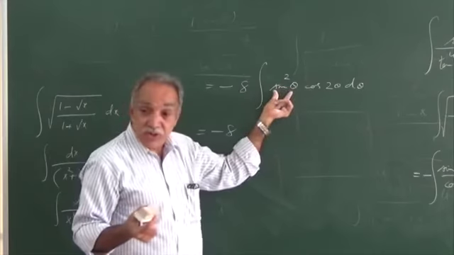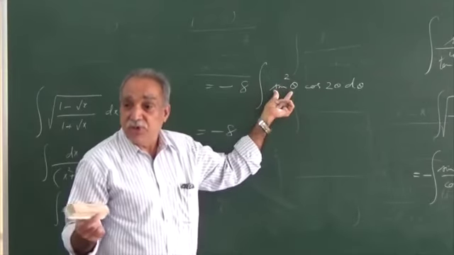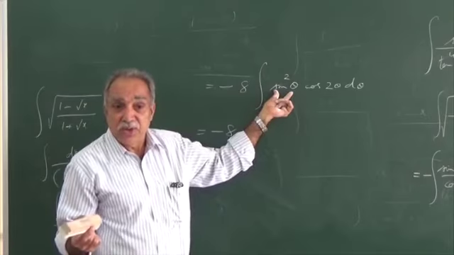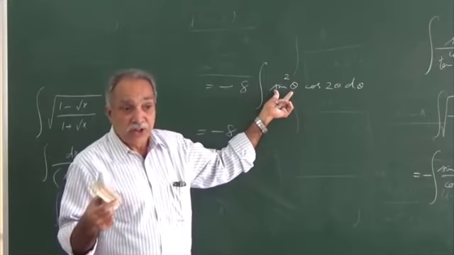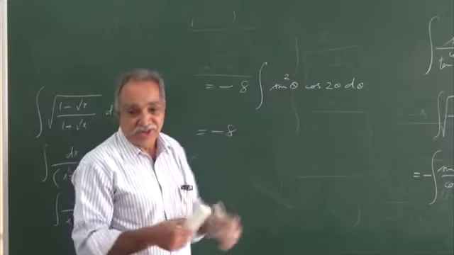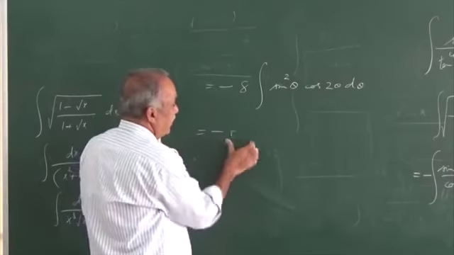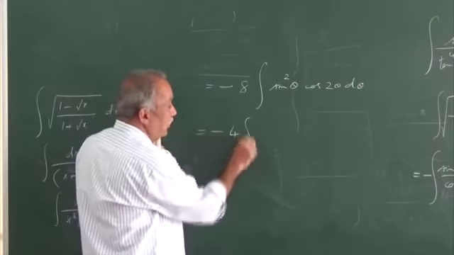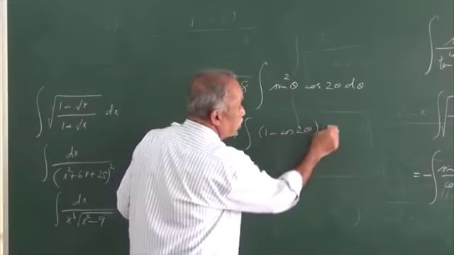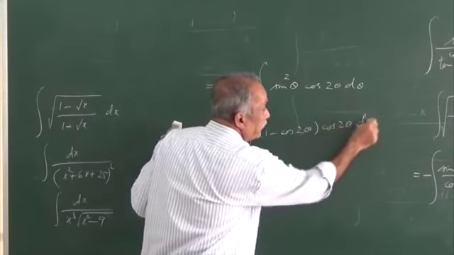We will try to reduce the degree of this using the same formula that you are suggesting. What is sin square theta equal to? 1 minus cos 2 theta divided by 2. Will it not be more immediate? Yes. 4 into 1 minus cos 2 theta into cos 2 theta d theta.